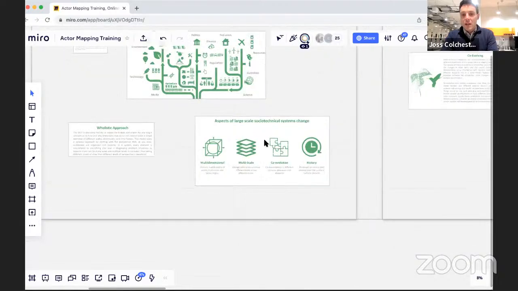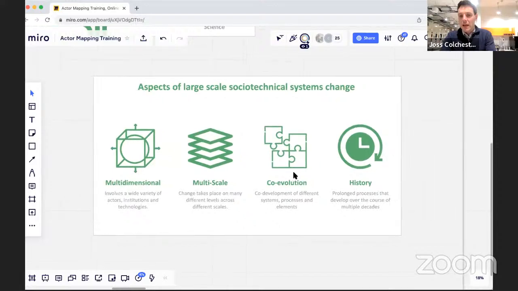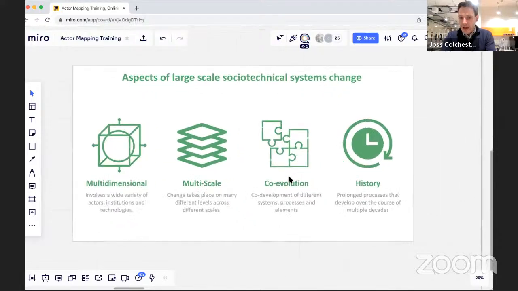So these are the key aspects of large-scale socio-technical systems. They're multidimensional. As mentioned, there are multiple scales to them. Change is happening on many different levels. They're co-evolving, as we'll talk about now in the next board. There's this interesting aspect that things evolve in relation to other things.